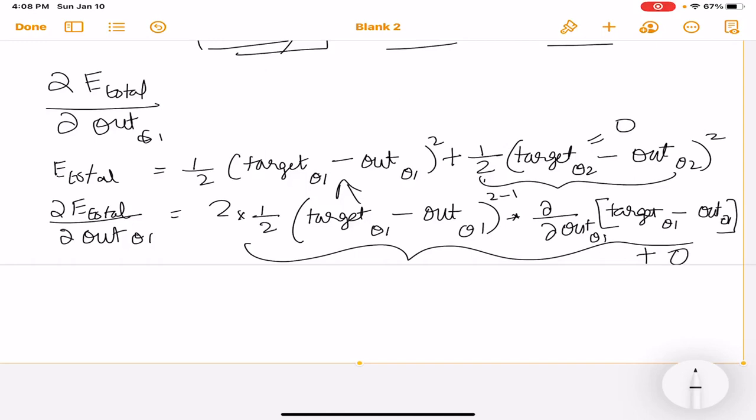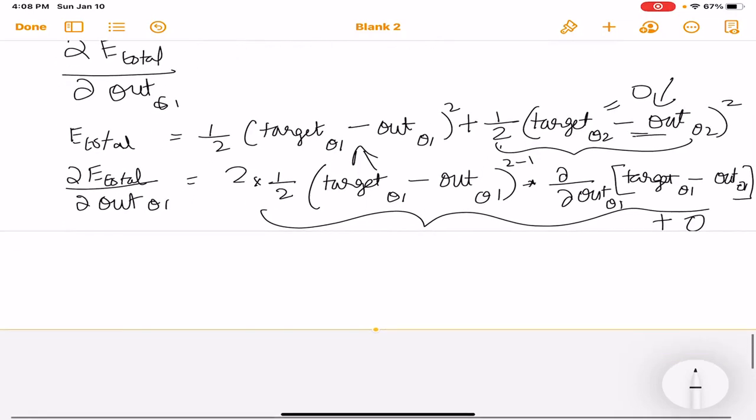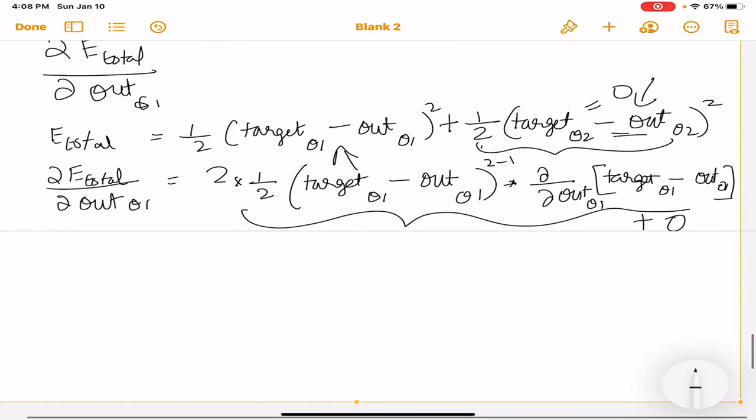So plus 0, because in this case there is no dou out O1 term in this equation, so naturally it will become 0, right?